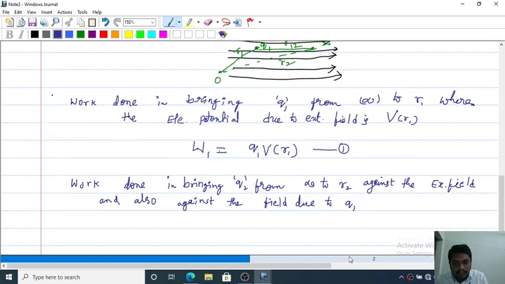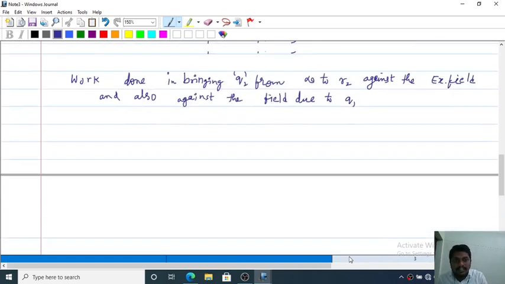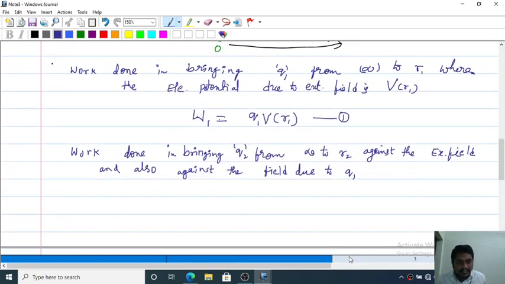So we have to bring Q2 against the external field, and against the field due to Q1. We have to do work against the two fields.